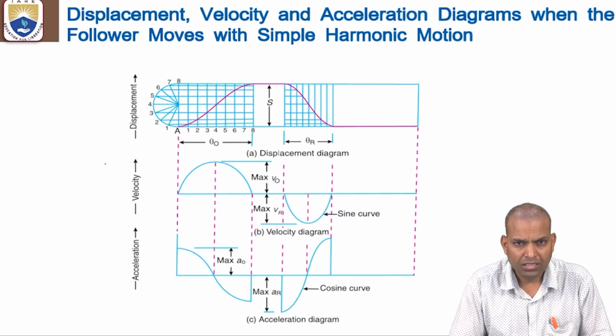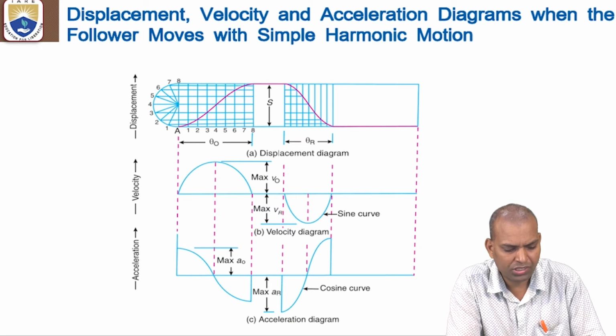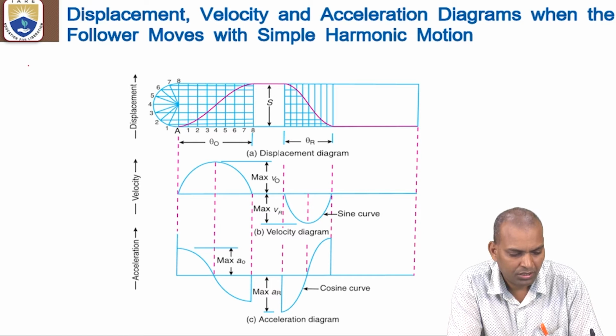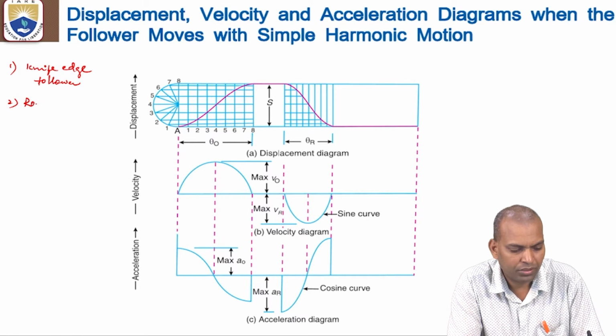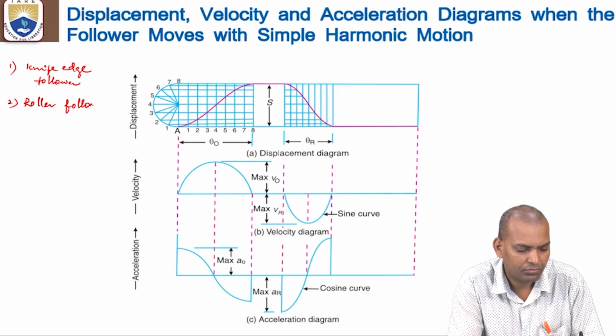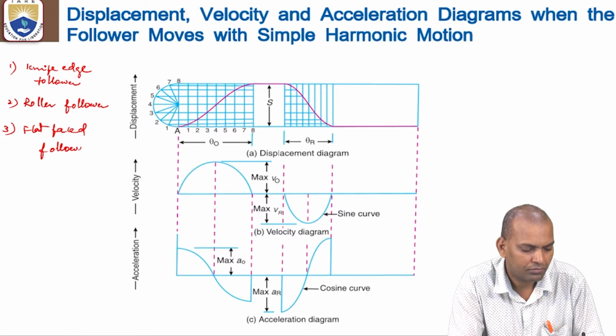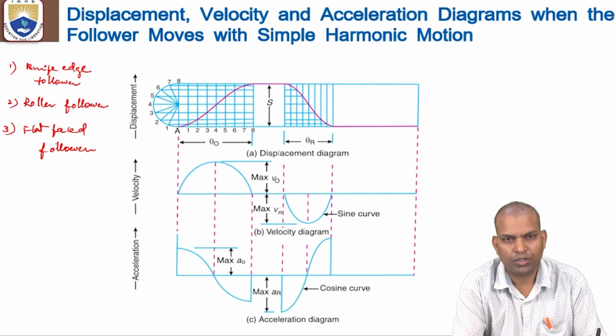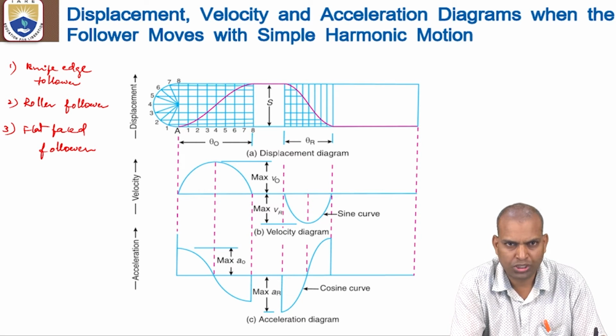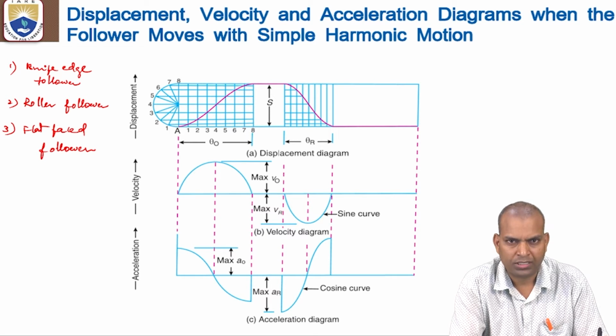Now there is a follower, and as we have studied, the different types of followers are knife edge follower, roller follower, and the third one is flat faced follower. These followers have different types of motions during outstroke and return stroke, or the valve opening and closing.